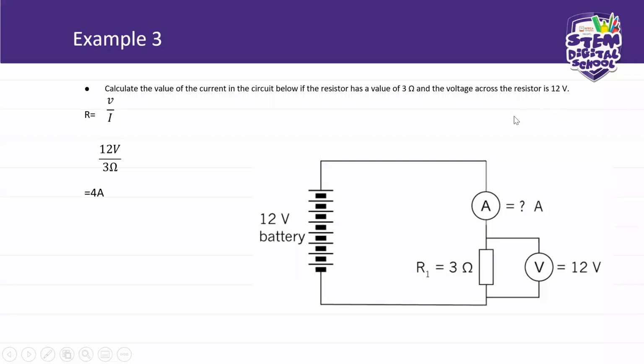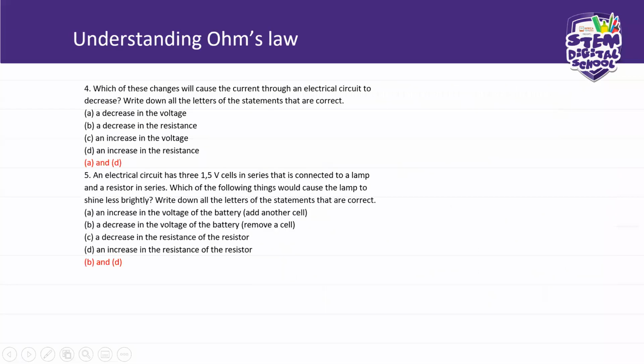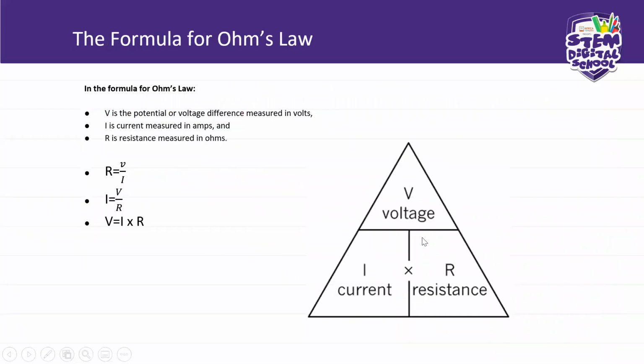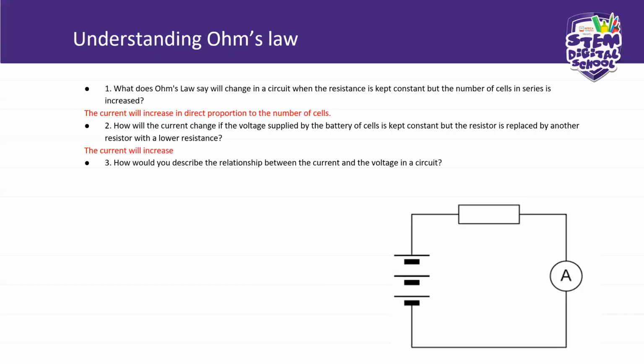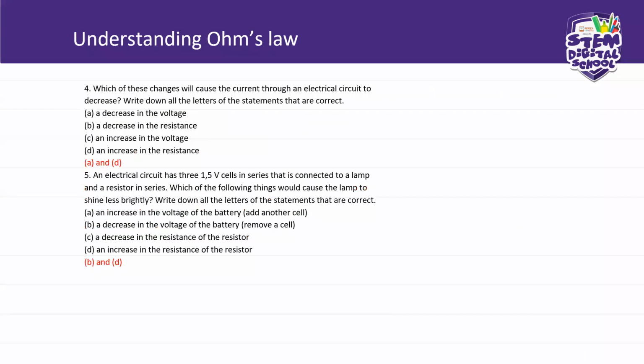Okay, let us look at the formula for current. I think my calculation is wrong here. Current is voltage divided by resistance.